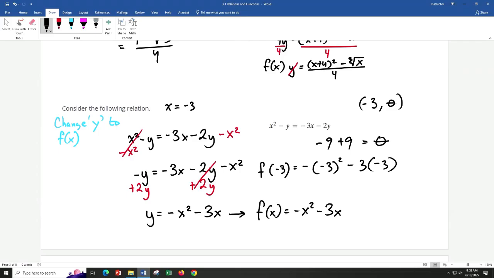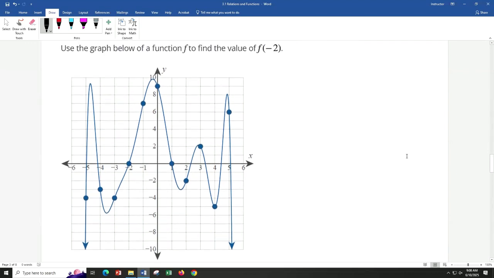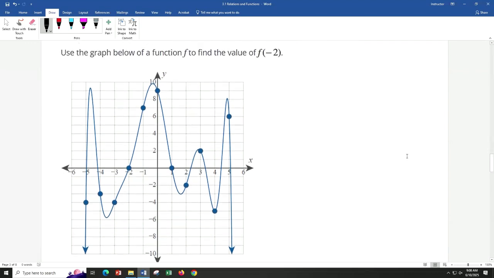So how does it work when you see something on your homework? Well, look at this one. Use the graph below of a function f to find the value when f is equal to negative 2. Realize this, the negative 2 is your x value. And then you're just going to go to negative 2 and look at the function and go, okay, what does y equal when x is negative 2?